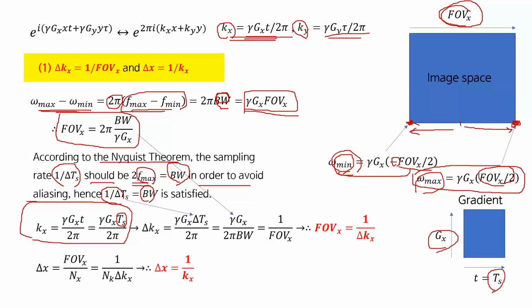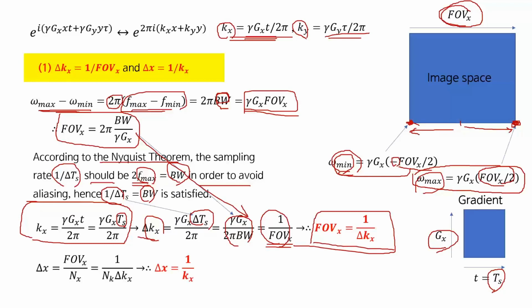If we differentiate this relationship, then delta kx and here delta Ts. Delta Ts is one over the bandwidth, and we use this relation here, we can get this result. Finally we have this relationship.